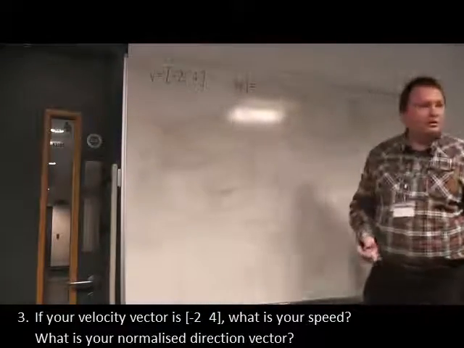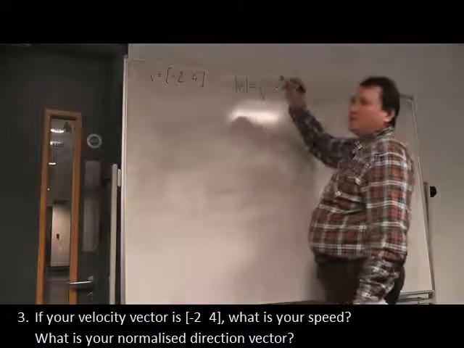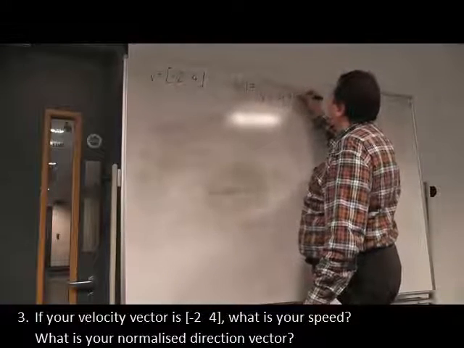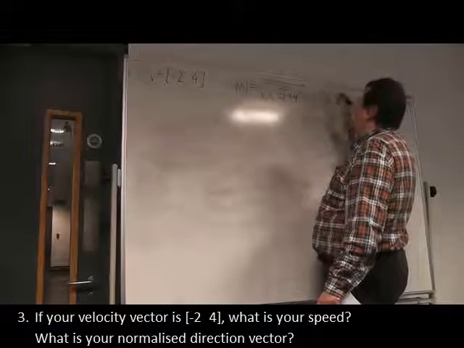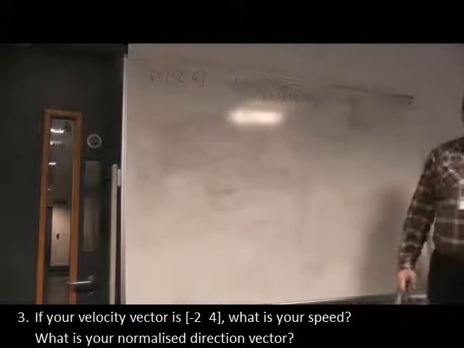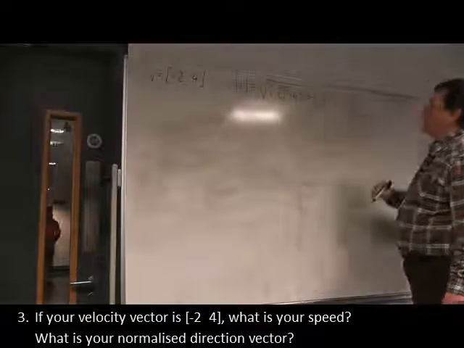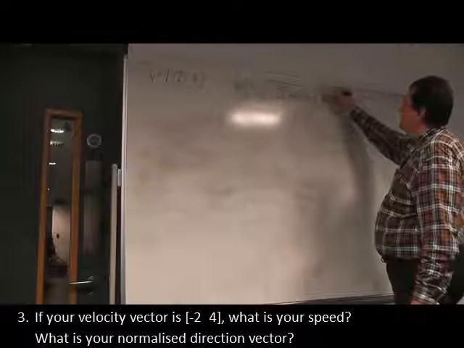So this is square root of, properly, minus 2 squared plus 4 squared. And unlike some people believe, the square of minus 2 is 4, not minus 4, plus 16.